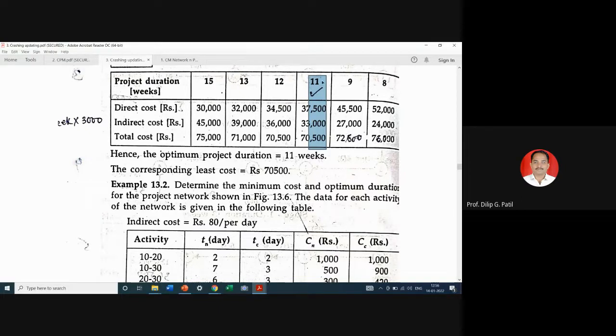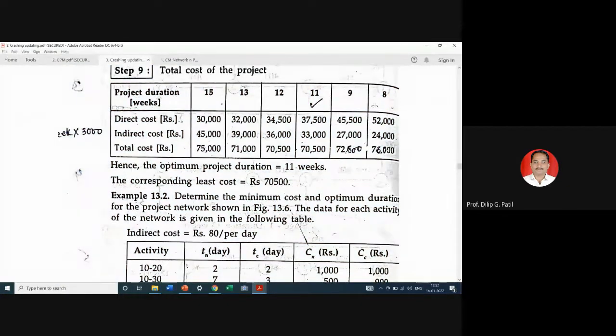Instead of 12 you can go for 11 weeks, as the total project cost will be the same. So here you can see we have crashed the project from 15 weeks to 8 weeks, and out of that, 11 weeks will have the least cost and the respective project duration will be the optimum project duration.